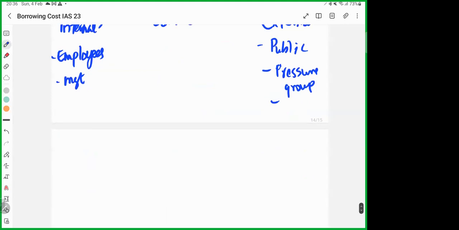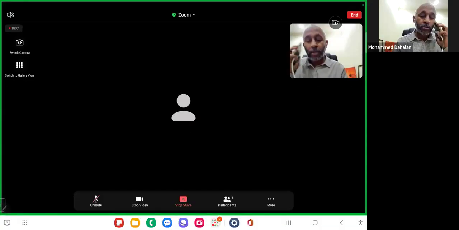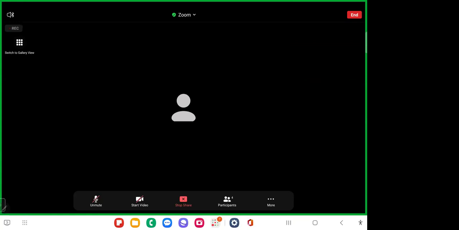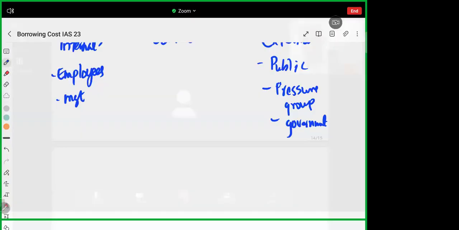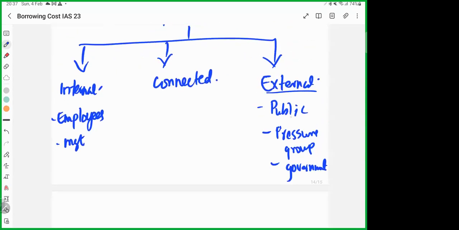Yes. These are organizations, human organizations, like... So external are public, pressure groups, and government, whereas internal are employees and management.